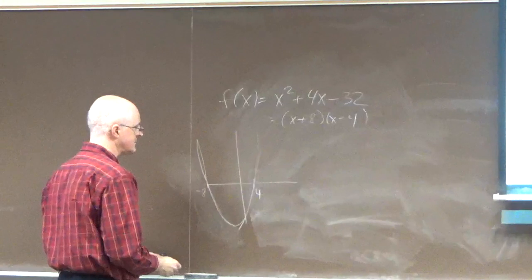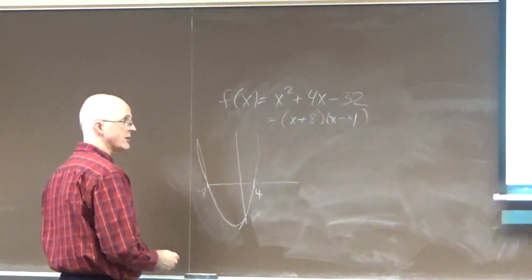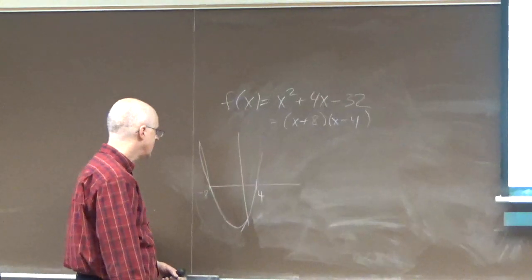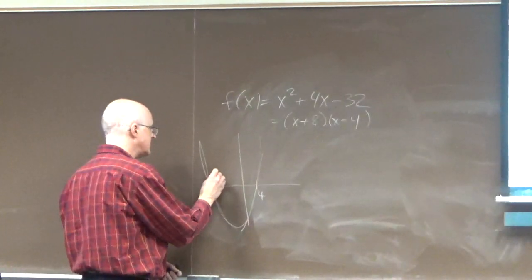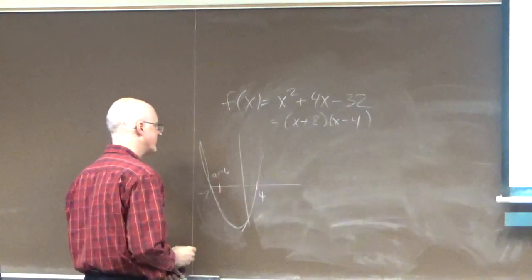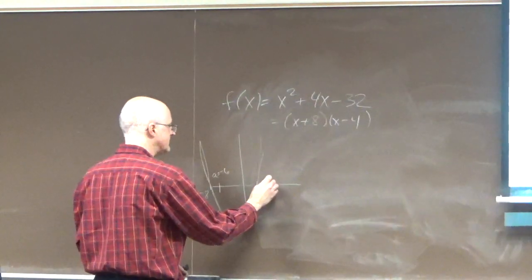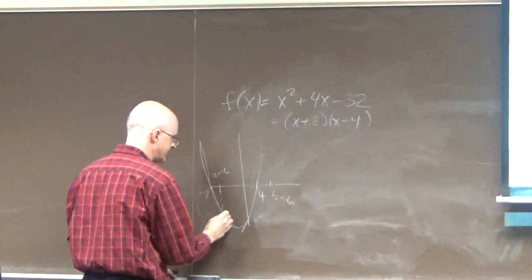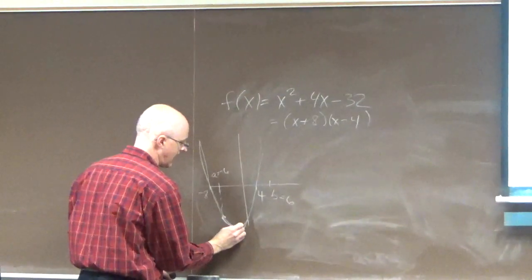Those are the x-intercepts. What interval am I talking about? I can pretty much talk about any interval that I want. Maybe let's let a be negative 6 and b be positive 6. So now I'm just focused on this piece of the graph right here.